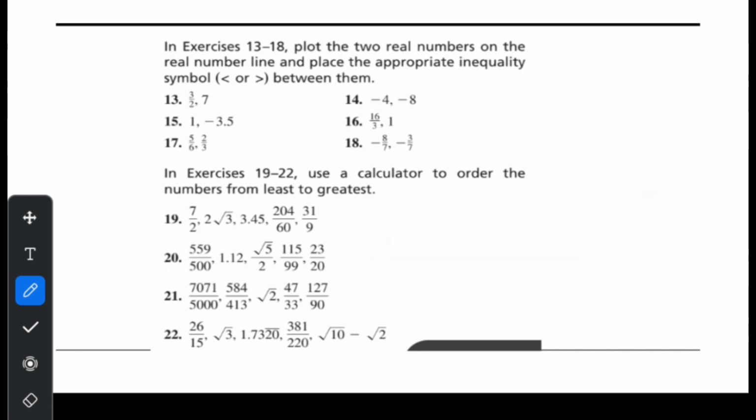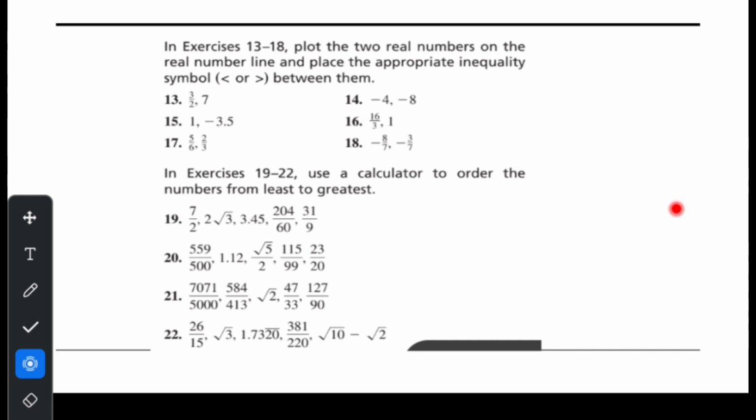From question number 19 to question number 22, they have given again a sequence of numbers, and it is required to use a calculator to first convert them into decimal numbers and then to check if the number is smaller or greater. Since the requirement is already given that you have to move from least to greatest, that means a smaller number would come first and the greatest number would come last.